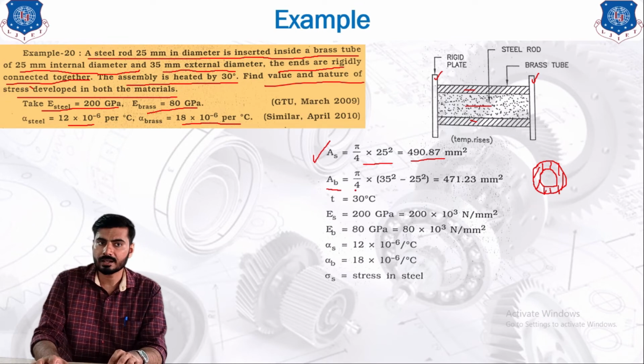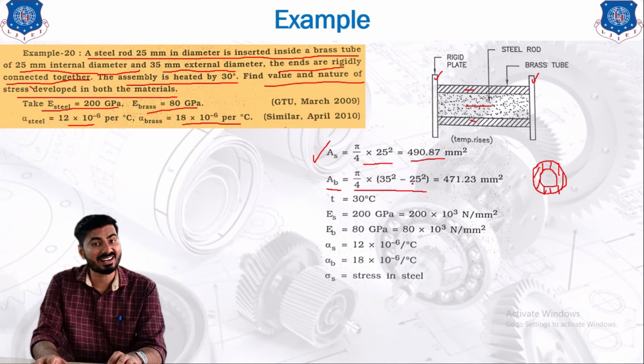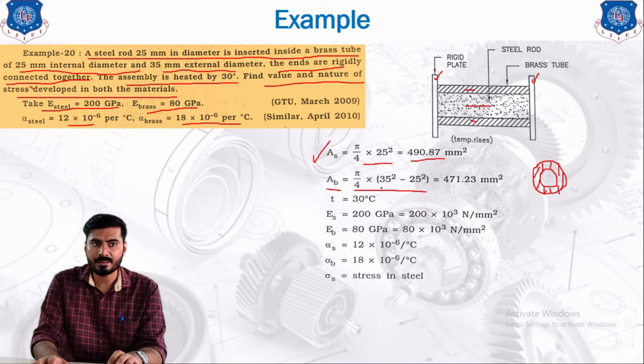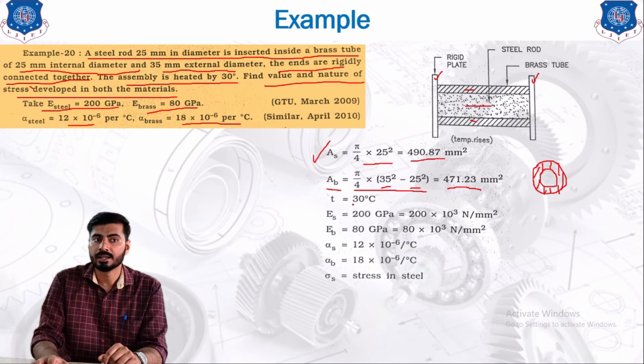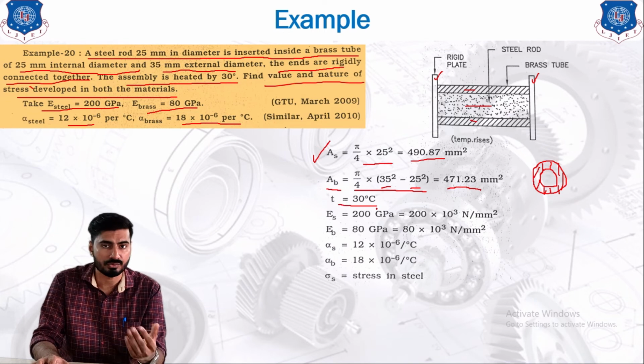So the equation will look like this: pi by 4 outer diameter square minus pi by 4 inner diameter square. The outer diameter is 35 mm and the inner diameter is 25 mm. So it will give us the brass tube area, that is nothing but 471.23 mm square.